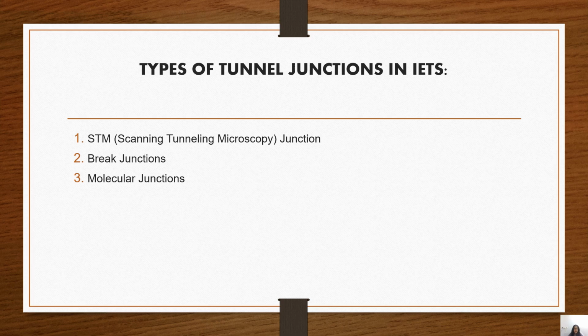When a bias voltage is applied between the electrodes, the electrons can tunnel through the molecule. In some cases, the molecule's own electronic structure and vibrational modes significantly influence the tunneling current.